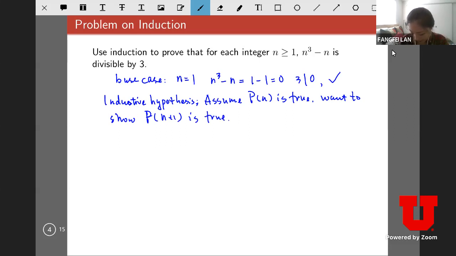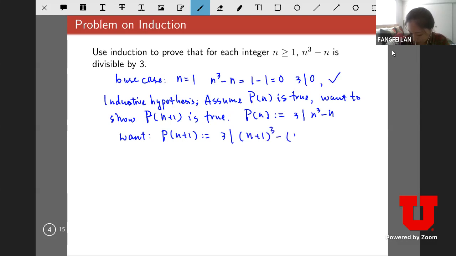So what is Pn in this case? Pn is 3 divides n cubed minus n, right? So this is Pn. So what we want is Pn plus 1, which is 3 divides n plus 1 cubed minus n plus 1. Does that make sense?